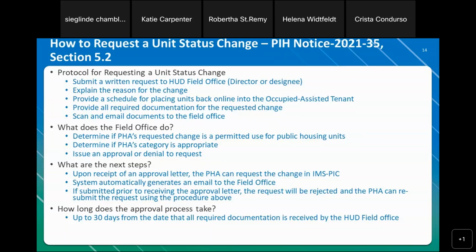So be aware, wait for your approval letter before you go to the next step and try to make those changes in PIC. And sometimes you will be asked to put the change in PIC and send the approval letter. So work with your field office, you know the field office, and you can go from there and adjust.